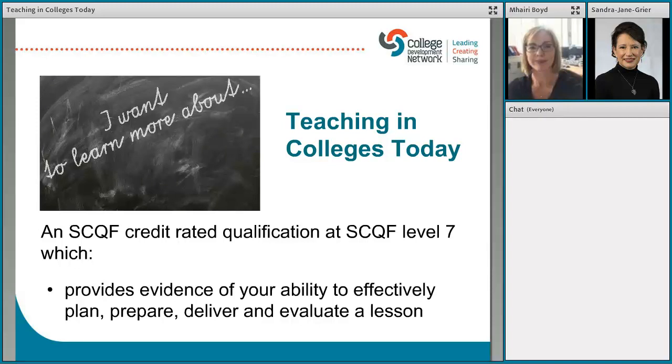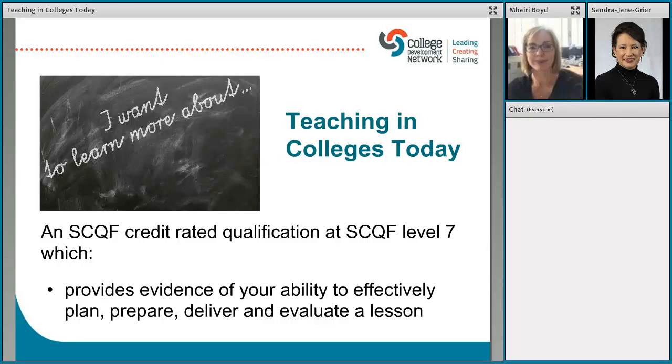The TiCT programme was developed principally to help address the immediate staff development needs of newly appointed lecturers coming into work within colleges with vocational skills and expertise, but for those who perhaps had limited or very little experience of either formal teaching and or who had no prior teaching qualifications.